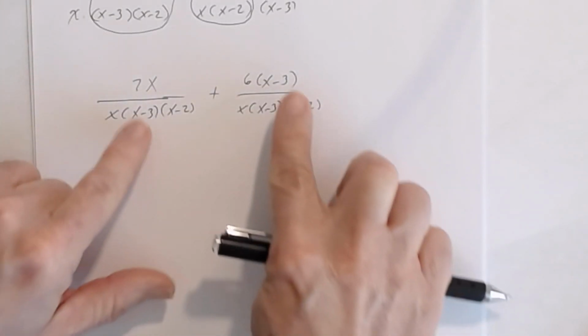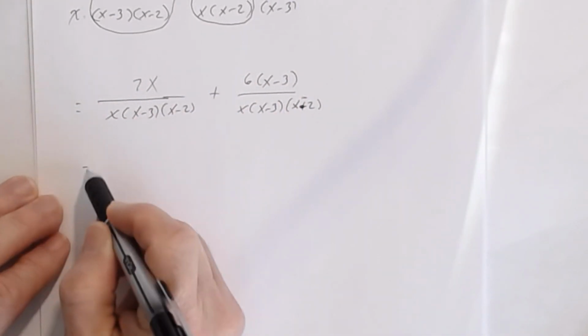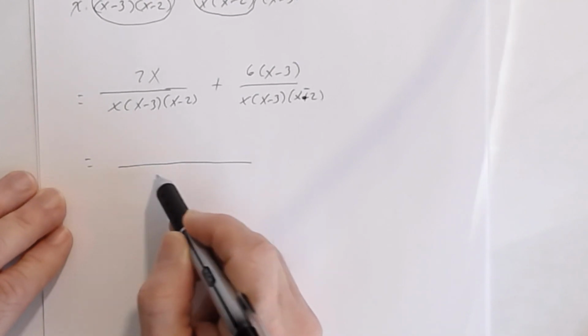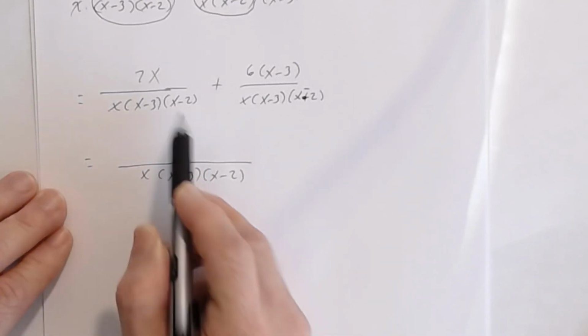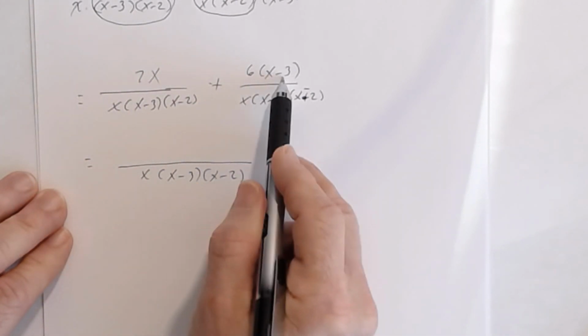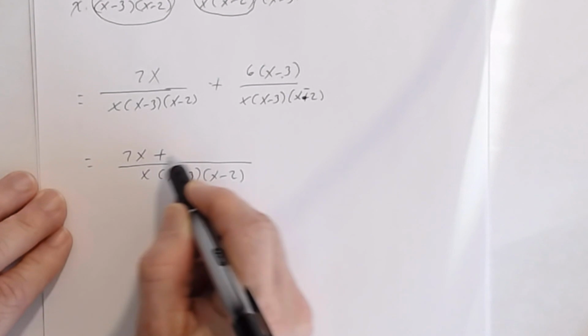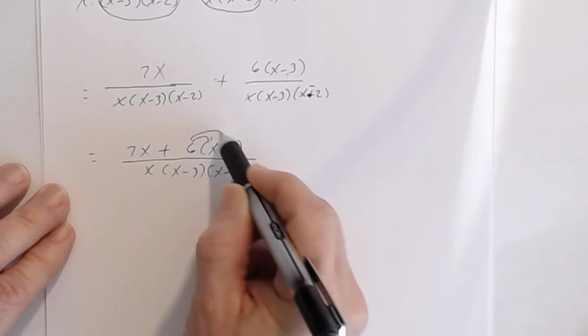And so now you have two rational expressions with the same denominator. So you can write this as one rational expression, x times x minus 3 times x minus 2. And you're going to add the numerators now. You're going to say 7x plus 6 times x minus 3. And now distribute.